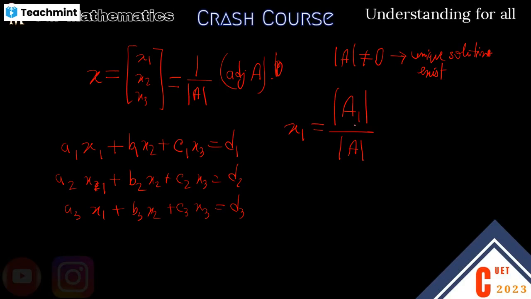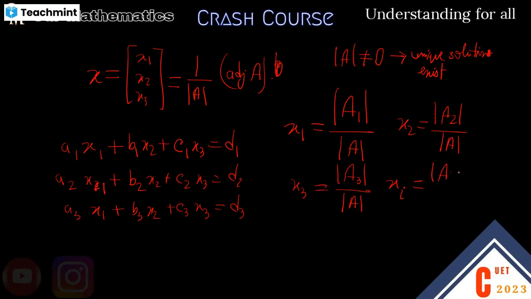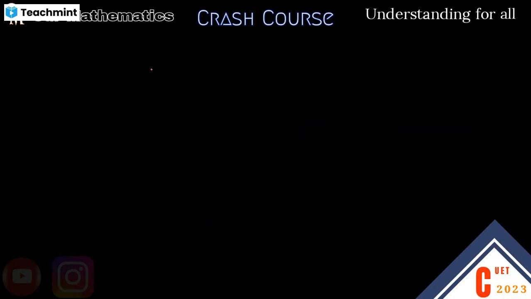Then what we will do? We just divide determinant of A1 by determinant of A, x2 is equal to determinant of A2 by determinant of A, x3 is determinant of A3 by determinant of A. So basically for any xi, it is nothing but determinant of Ai divided by determinant of A. Now, what is determinant of A?